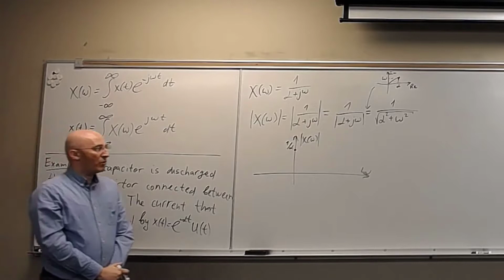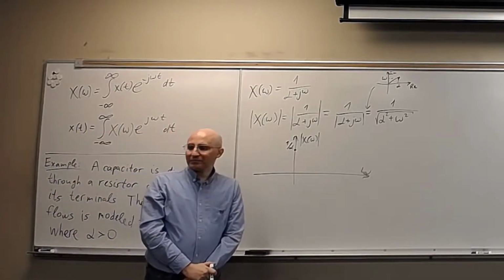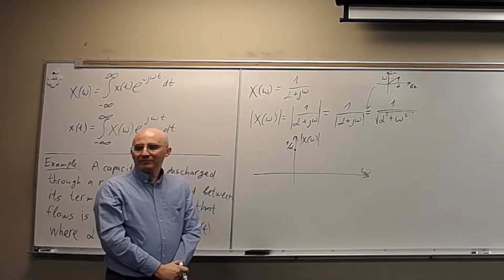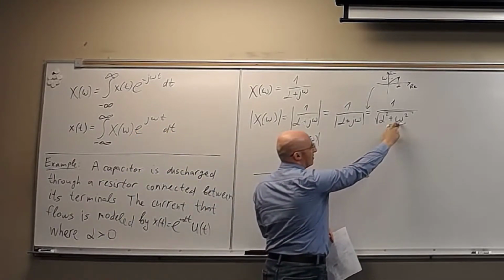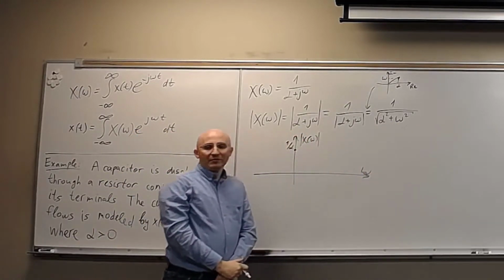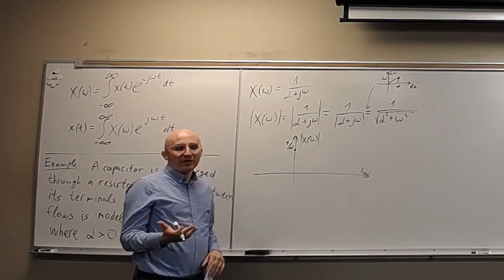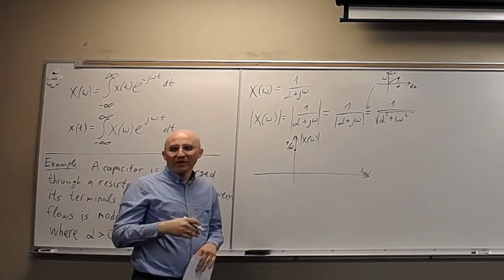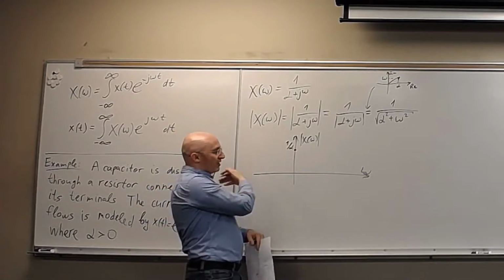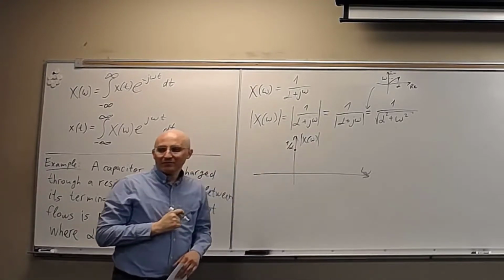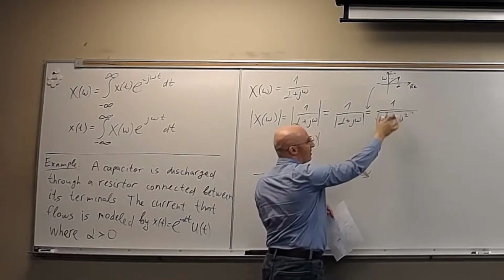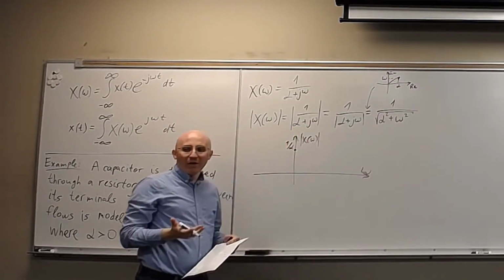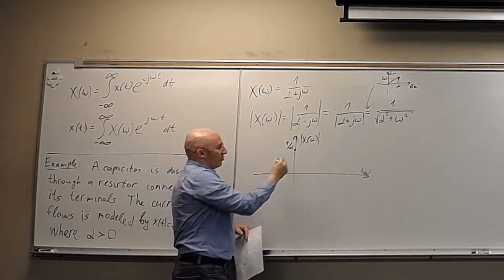This is the maximum point, because the denominator will only become larger if you add any number. Since the denominator gets higher as omega gets more negative or more positive, 1 divided by a bigger and bigger number becomes smaller and smaller. So it has to go down.